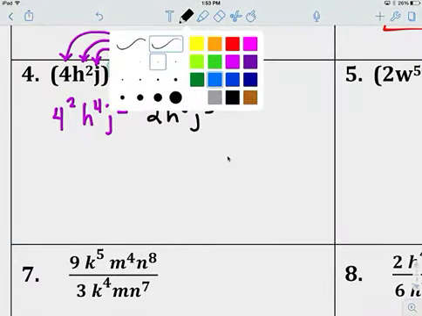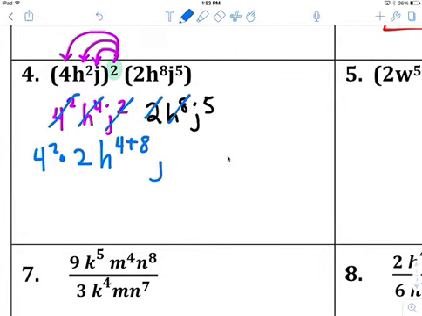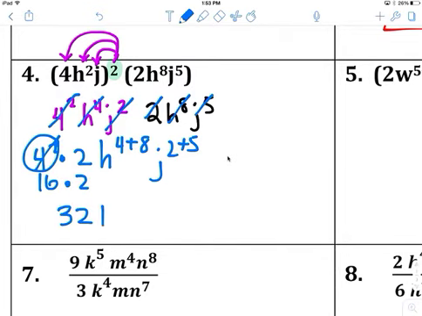So right here then we got 4 squared times 2, h to the 4th with h to the 8th, j squared, j to the 5th. This is 16 times 2, which is 32, h to the 12th, j to the 7th.